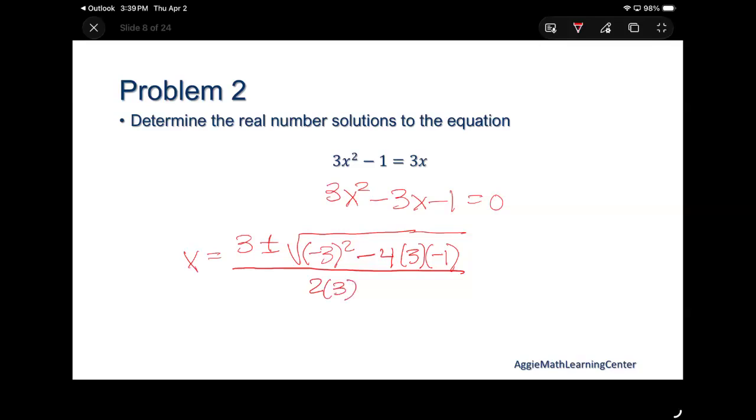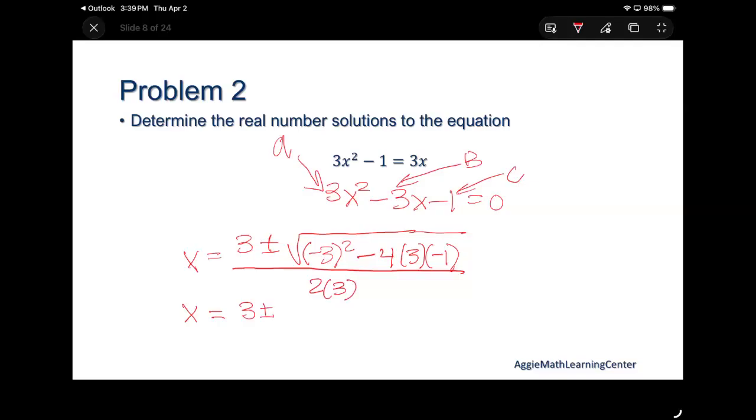Perfect. And that's because this is our A, this is our B, and this is our C, right? Okay, so now we can just simplify what's inside, right? So when we simplify, what are we going to end up with?